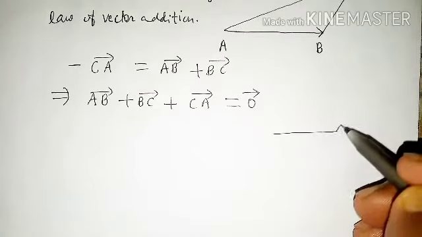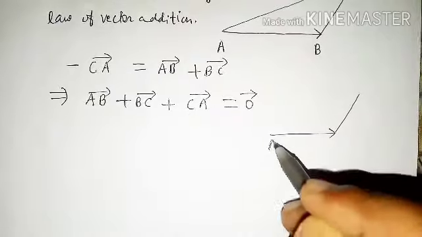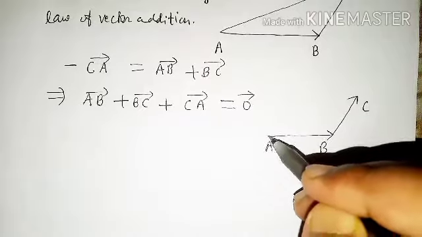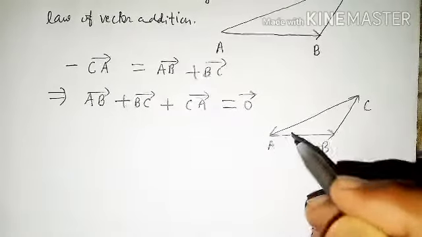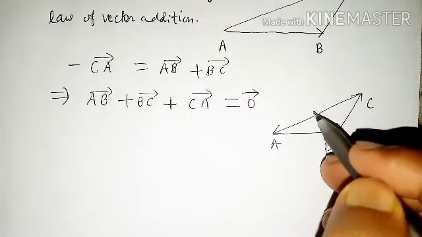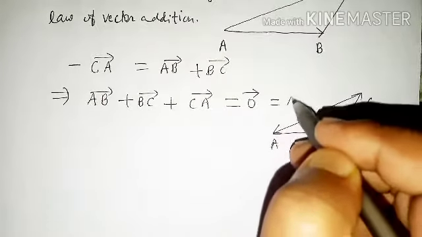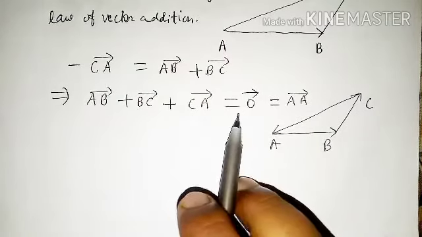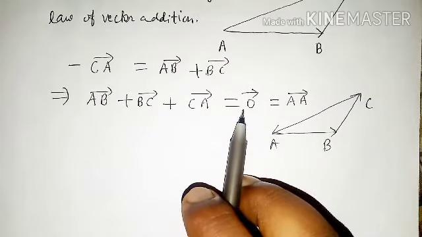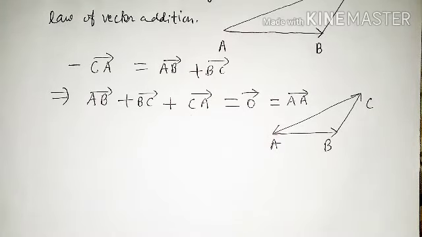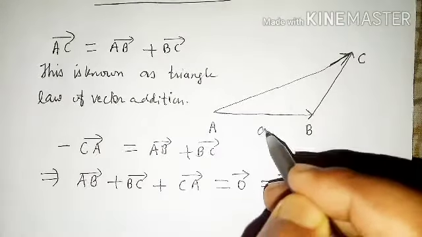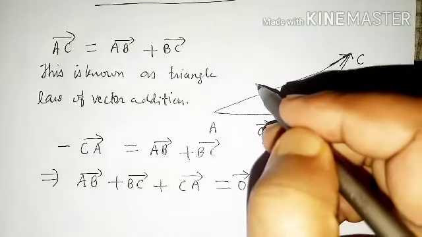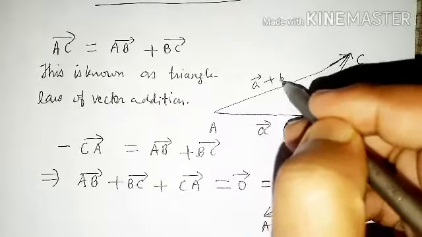Vector AB, vector BC, and this is vector CA. It means it is vector AA, and vector AA is 0 vector. If vector AB is a small vector a, vector BC is a small vector b, then vector AC is vector a plus vector b.